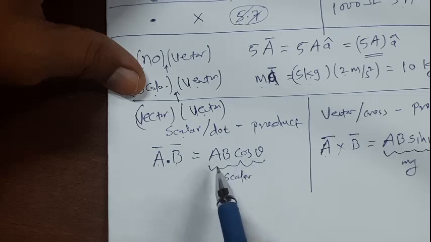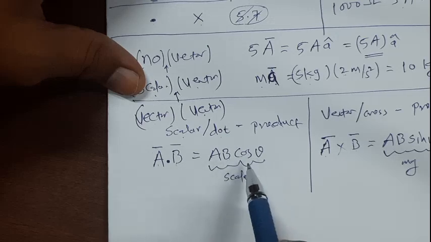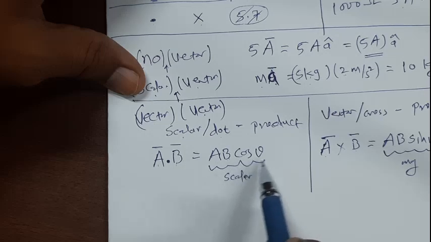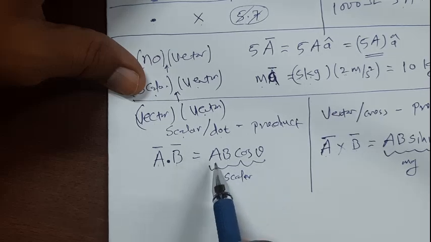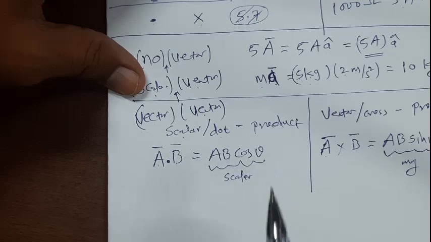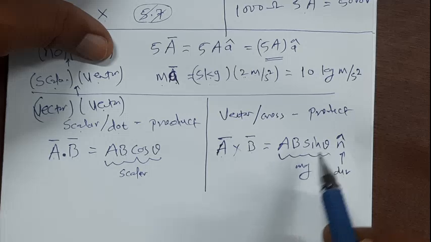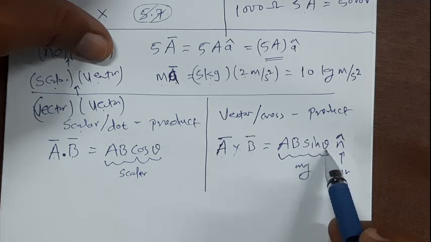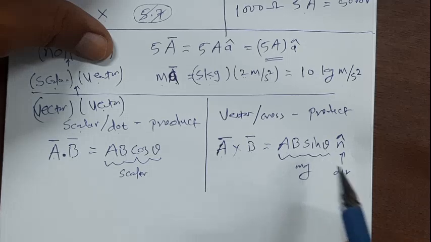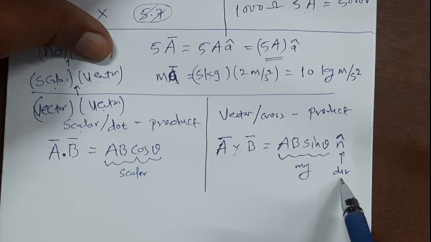Theta is the angle between A bar and B bar, and we have to take the cos of theta, and then take the product A, B, cos theta. Similarly here, theta is the angle between A bar and B bar, and A B sine theta is the magnitude part of the product which we are going to define, and n cap is the direction.